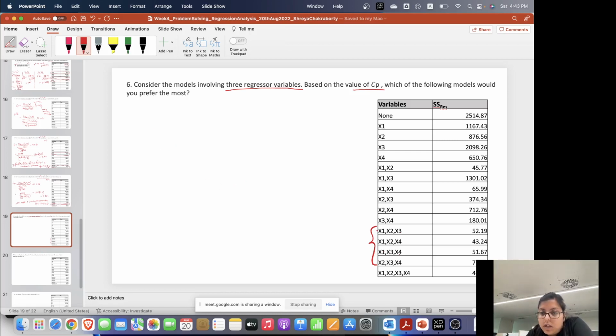So let's work on the first one, x1, x2, x3. Then Cp would be the sum of squares due to residuals, this one 52.19, divided by the mean square residuals from the full model, that is 48.38 by 8, minus 13 plus 2 into, now our p would be 4.